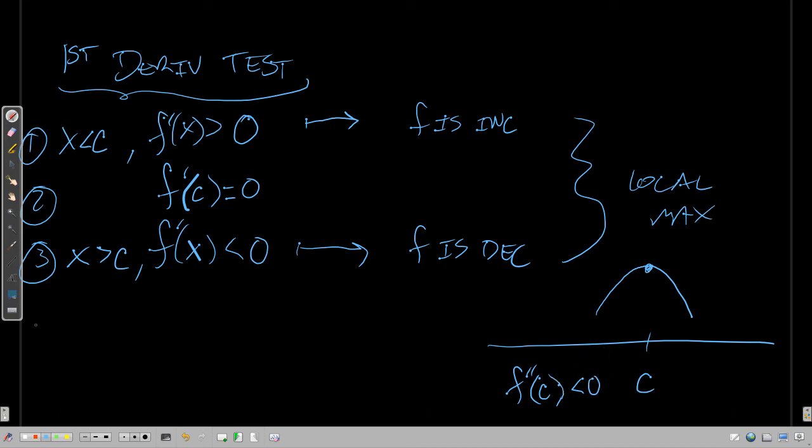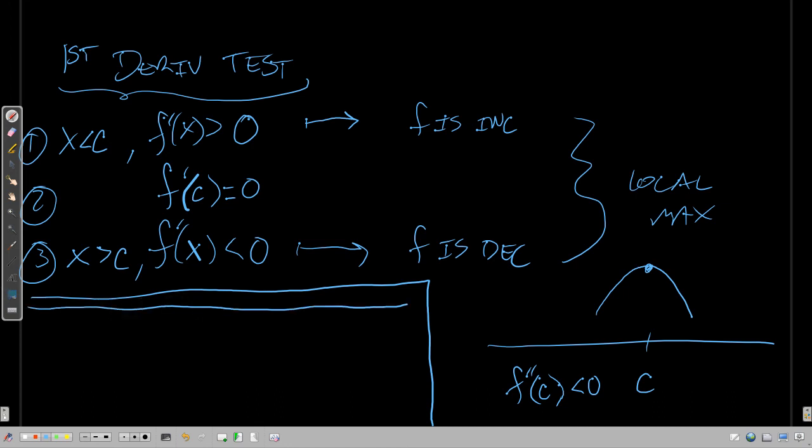Well, then it becomes enough to just say that you really only need to check two things. Number one, that f prime of C is equal to 0, and number two, that f double prime of C is different from 0.